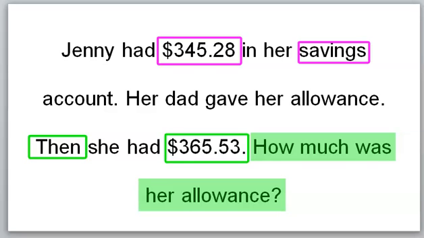So we know that we have our whole, we know we have the amount of money that's sitting in her account right now. We're trying to figure out what she added to her account to give us this whole. So is my amount that she got for her allowance more or less than $365.53?